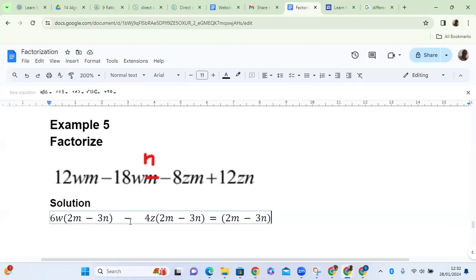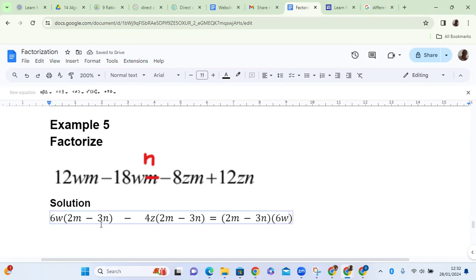So you factor it out and then you open a bracket. We're going to divide to know what's coming inside of the bracket. When you divide 6W by 2M minus 3N, the 2M minus 3N cancels out and you're left with 6W. So basically it's factorization 1 you're applying there.